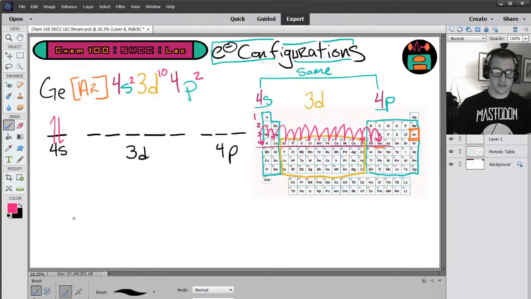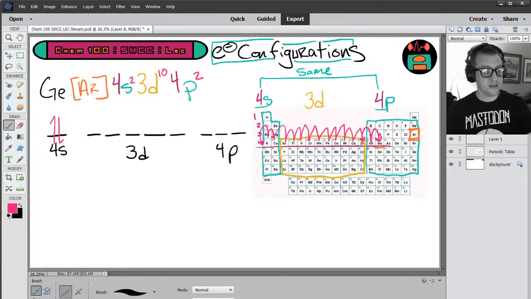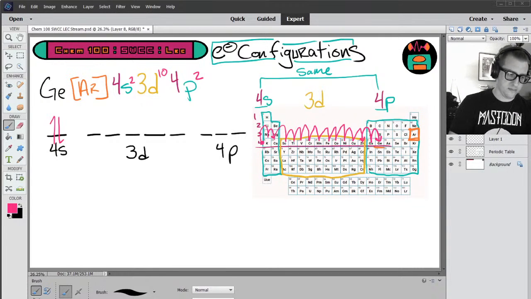There are 2 electrons in the 4s subshell for this atom. There are 10 in the D subshell.